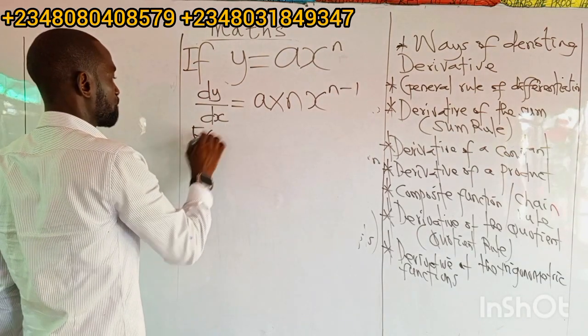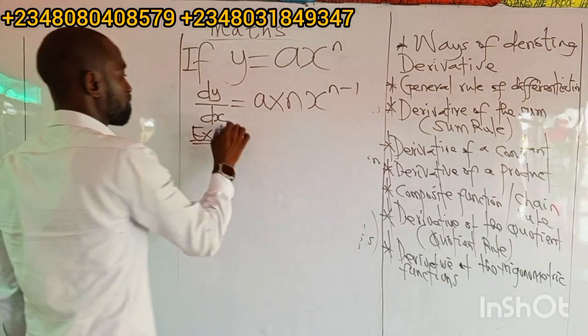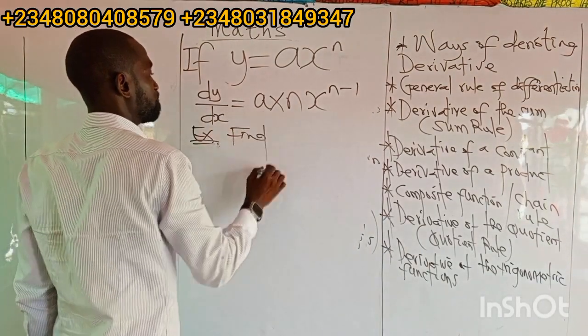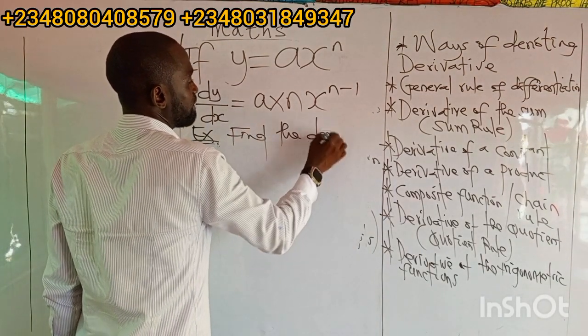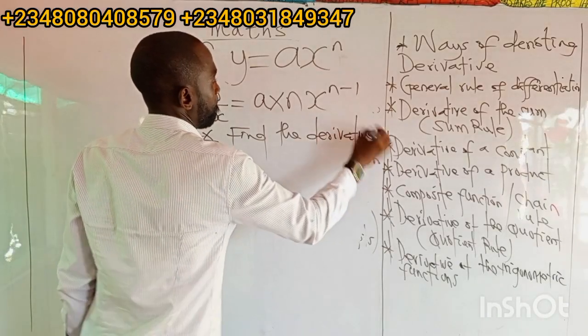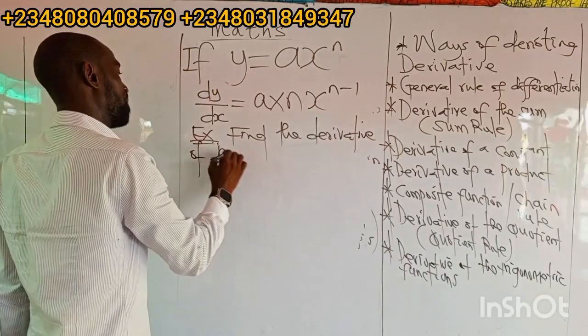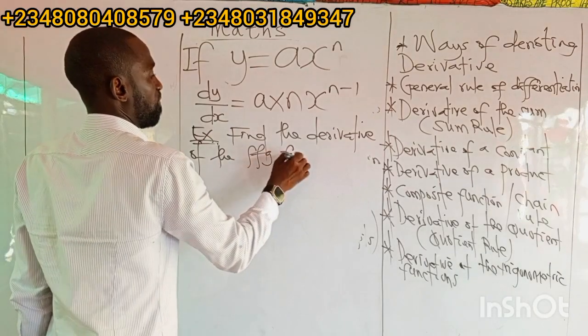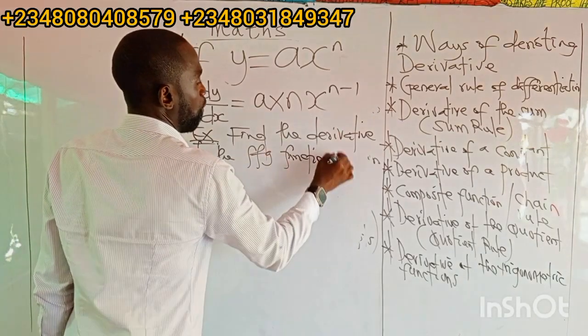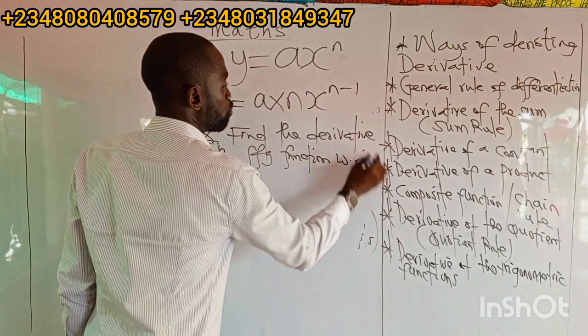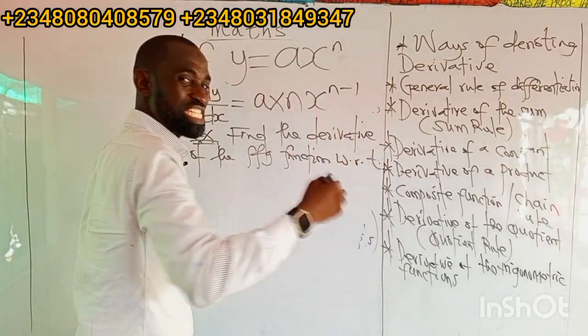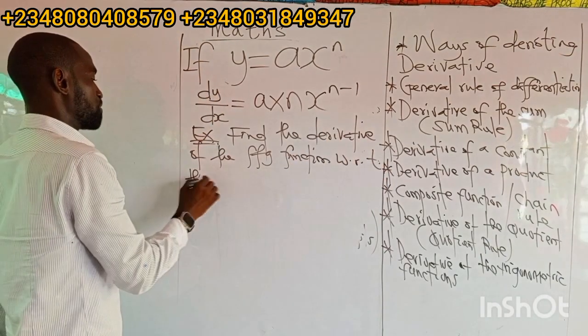So let's take examples. Suppose I ask: find the derivatives of the following functions with respect to their variables (WRT means with respect to).